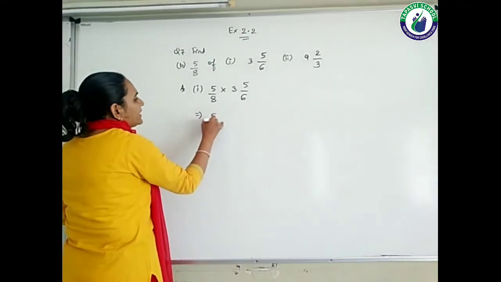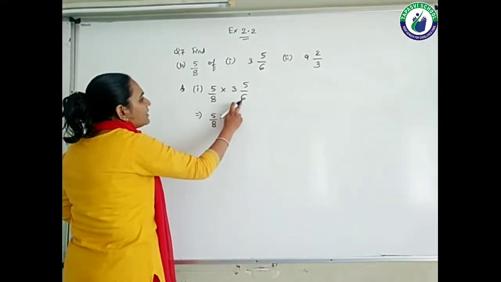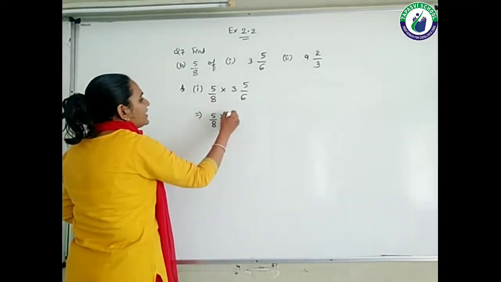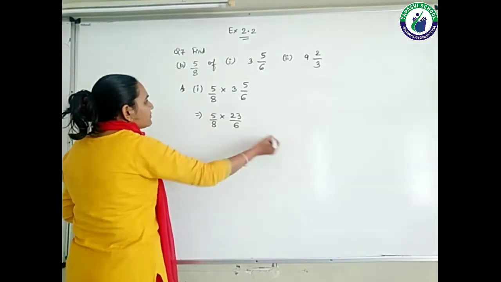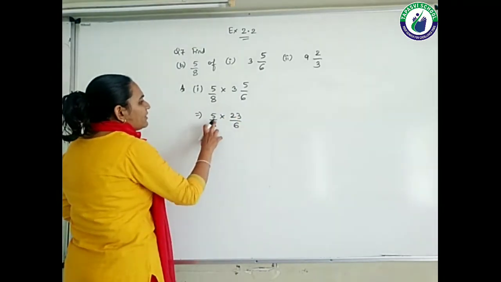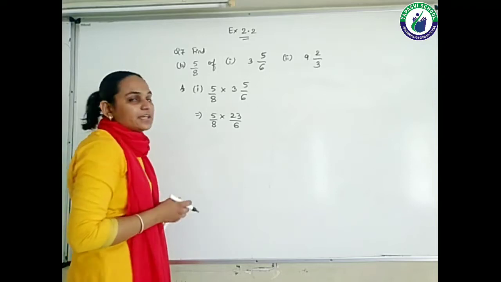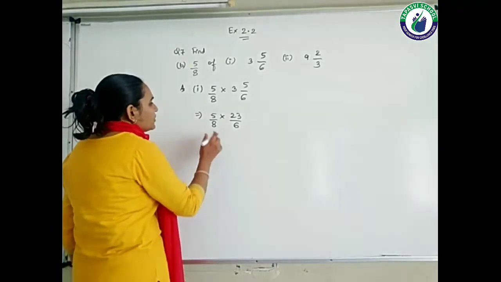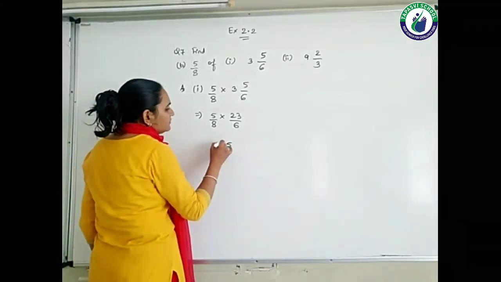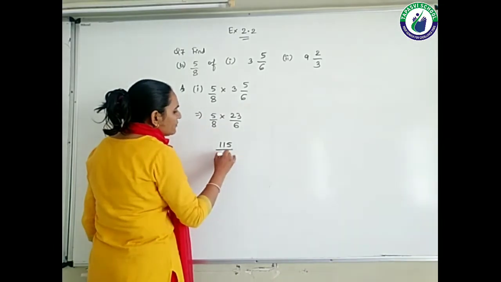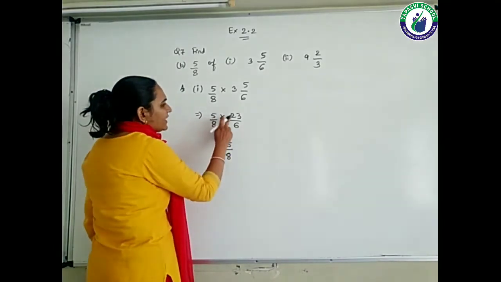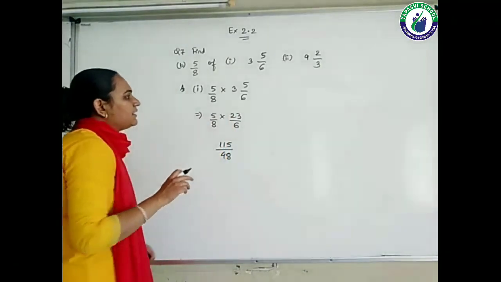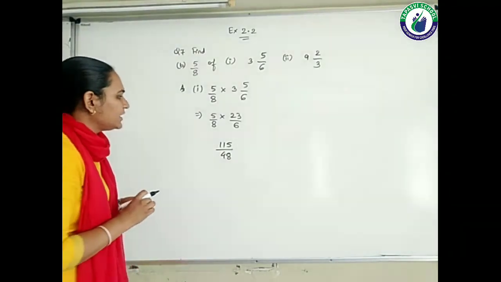So 5 by 8 multiplied by 3 6s are 18 plus 5, so it is 23 upon 6, right? So now let's multiply because there is no cutting chance over here. So 23 5s are 115 and 8 6s are 48, right?